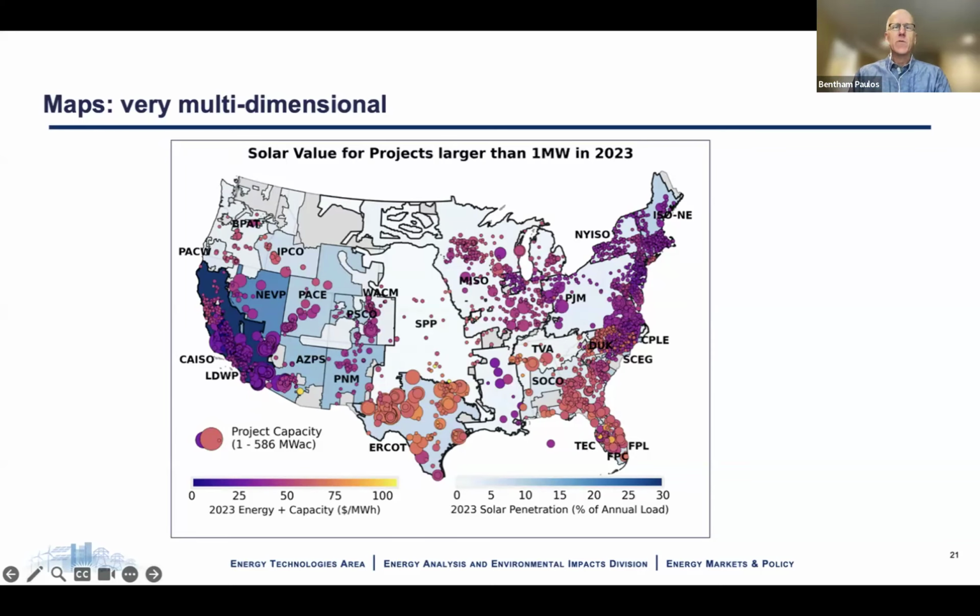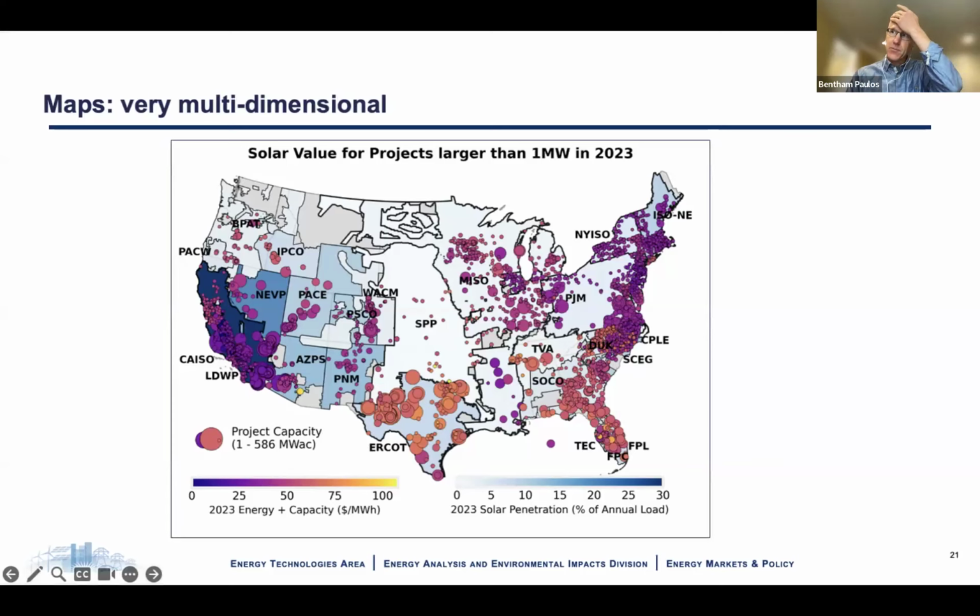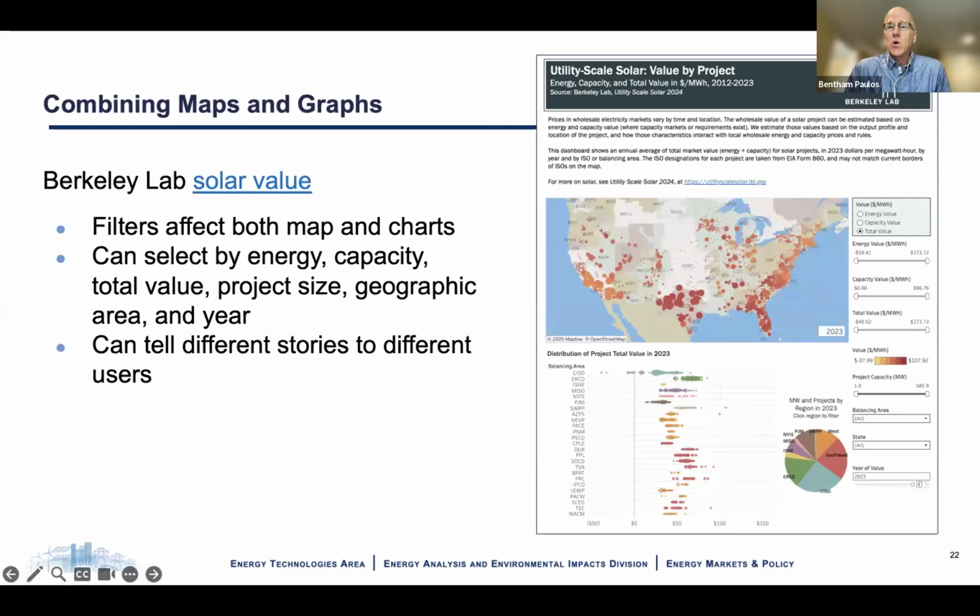If you add any more information, you'll lose people. So that's a good point to go to interactive data visualizations. So that's where I come in, because that's what I make, mostly using Tableau.